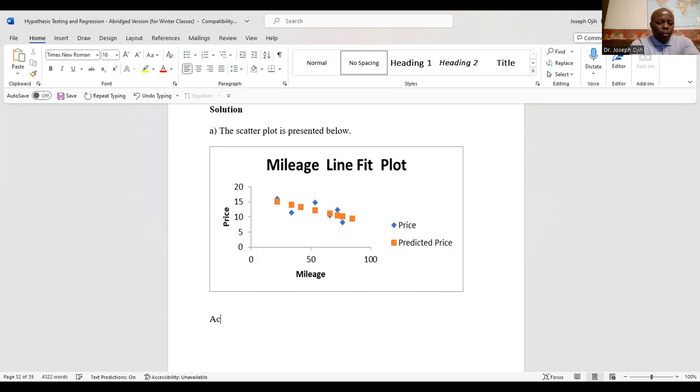So according to the scatter plot, there is a negative linear relationship between the price of the car, Y, and the mileage, X. This means that as the mileage increases, the price decreases, and as mileage decreases, the price increases, and vice versa.